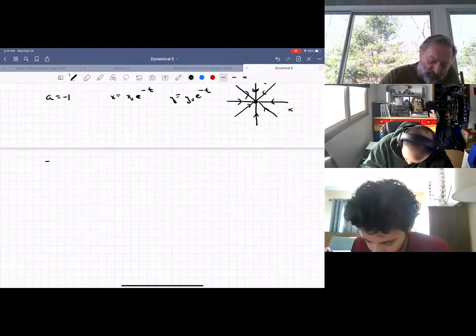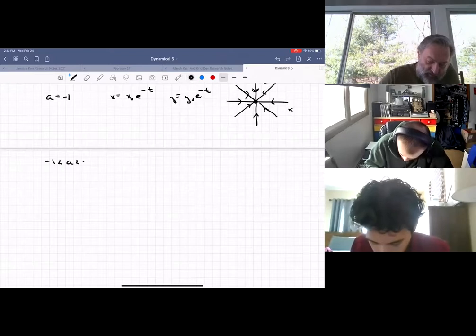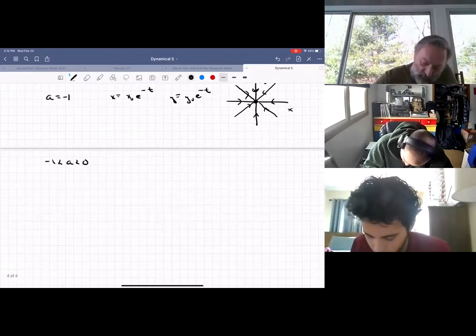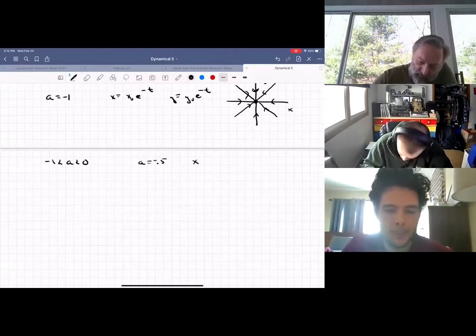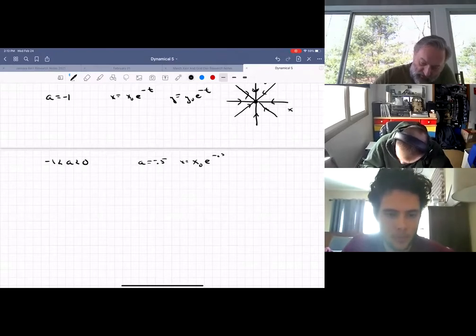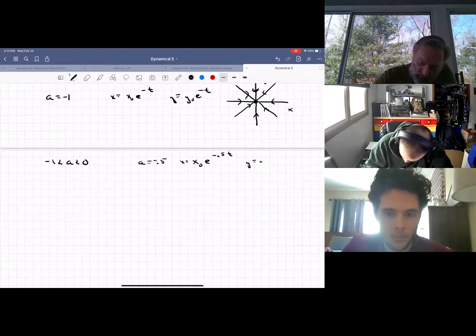Now, what happens if a is between -1 and 0? Let me suppose that a is negative 0.5. Then x is now x0 e to the minus 0.5t, and y is y0 e to the minus t.